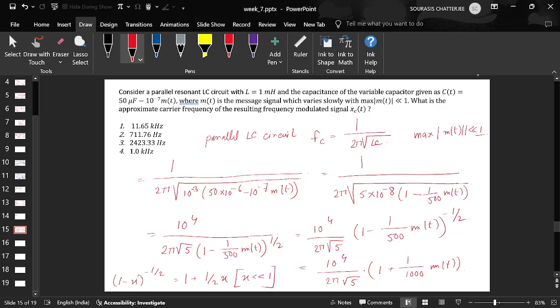So we have our carrier frequency expression as follows: 10 to the power 4 over 2 pi root 5 for the scalar term, times 1 plus this term.